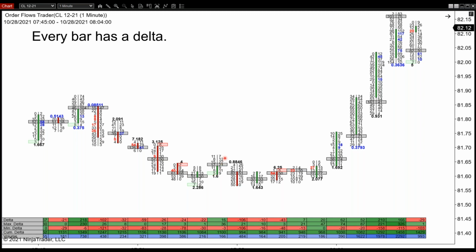Now, a passive seller would be somebody that sits on the offer waiting for someone to come up and buy it, right? Think of it like eBay. We're all familiar with eBay. And you have things that are auctions, okay? And then you have things that are just basically selling in a store at a fixed price. If something is selling at a fixed price, that seller is a passive seller.